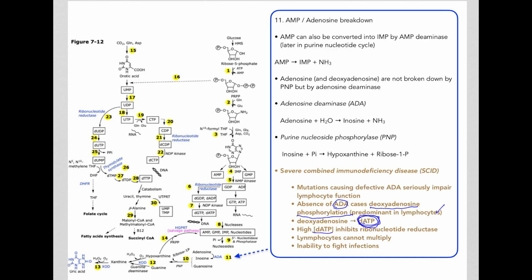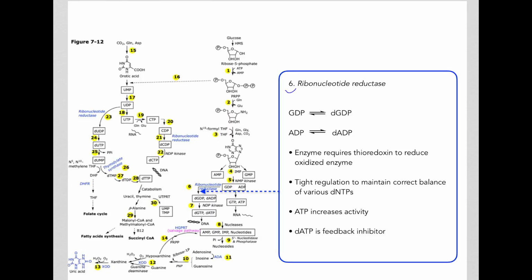Now this high concentration of deoxy-ATP inhibits ribonucleotide reductase. We saw that earlier in this step. Deoxy-ATP is a powerful feedback inhibitor of ribonucleotide reductase.